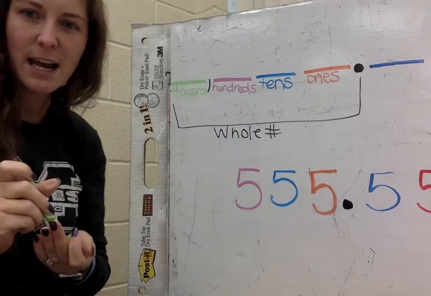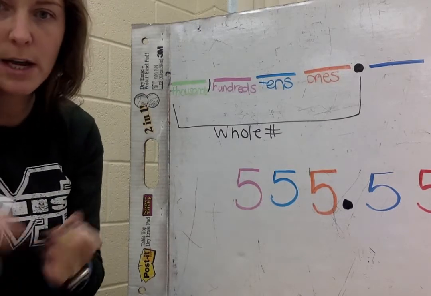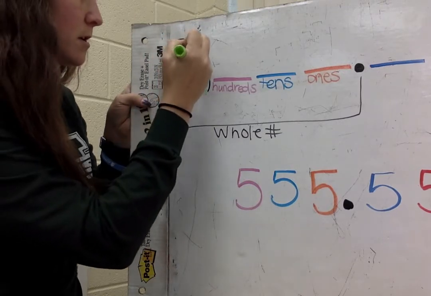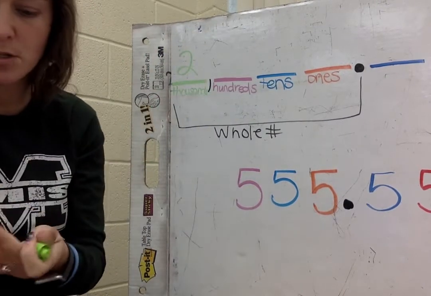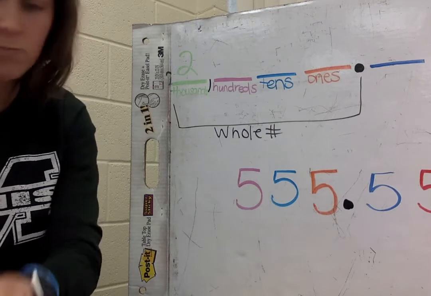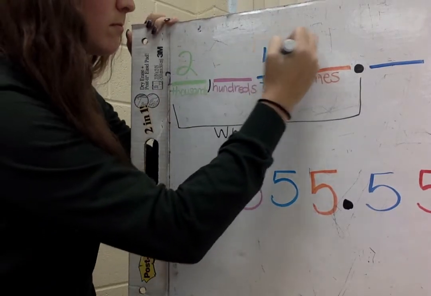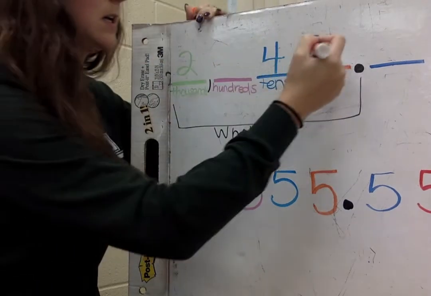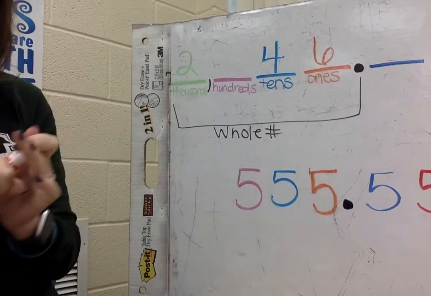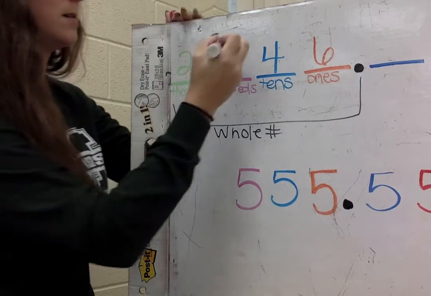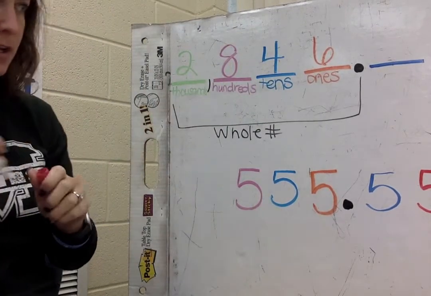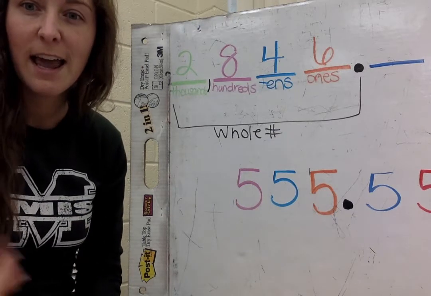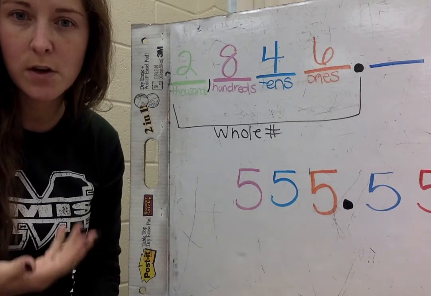Now, while I have you up close, I'm going to take the time to put numbers in here. I'm just going to randomly do it. So I have the number 2,846, and I'm going to tell the values of those numbers.